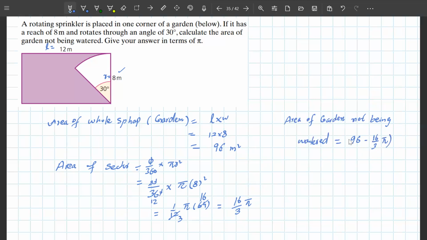As they want us to write the exact answer in terms of pi, there is no need to use the value of pi. Okay, so this is your required answer, in centimeter or meter squared.